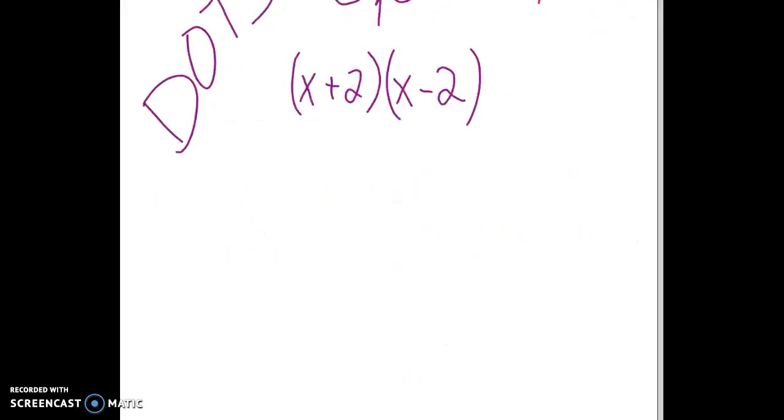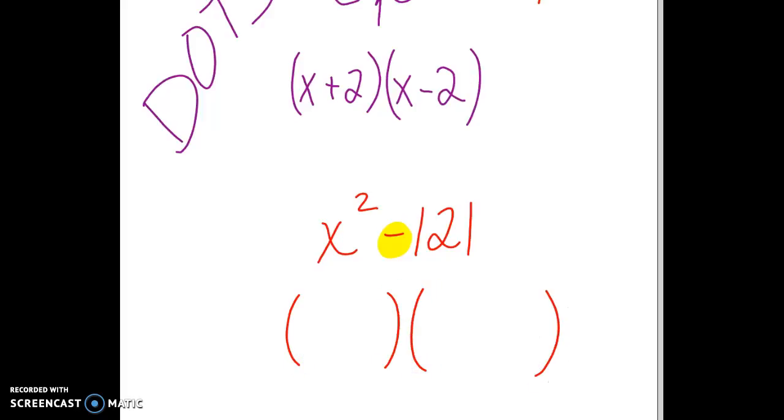Okay, let me give you another one. If I do x squared minus, let's say, 121. The key here is that we have the difference. Difference is subtraction of 2 perfect squares. So I put 2 sets of parentheses, and technically what I do is I take the square root of x squared.